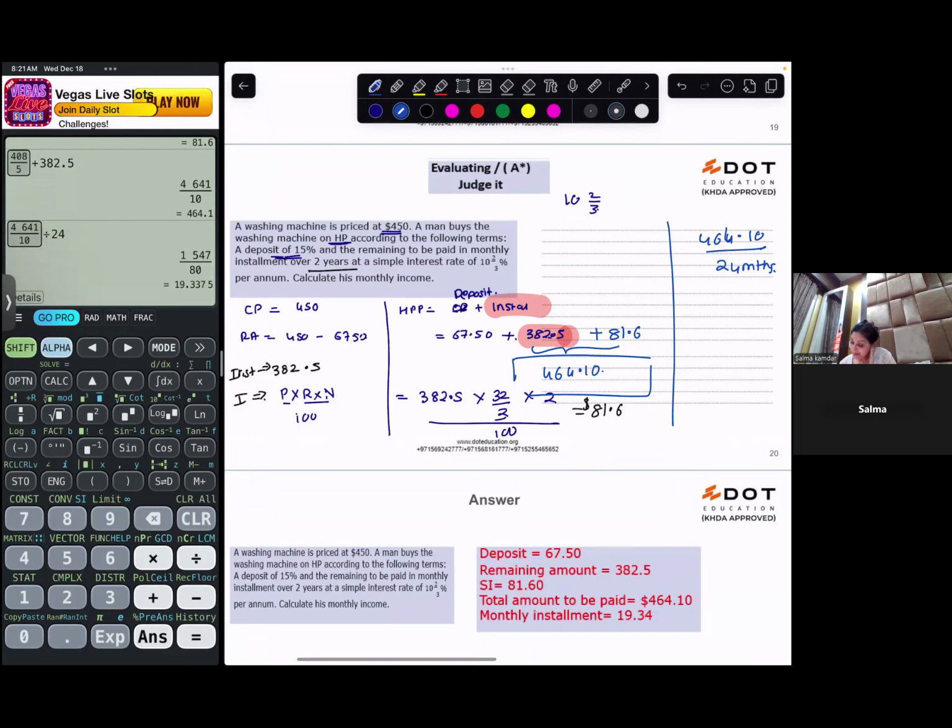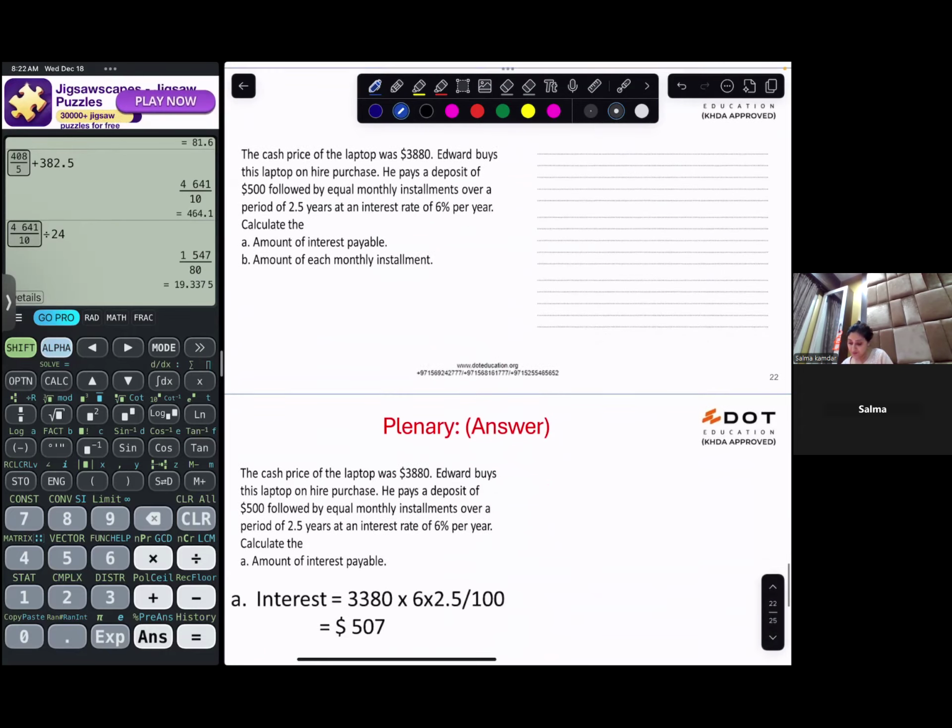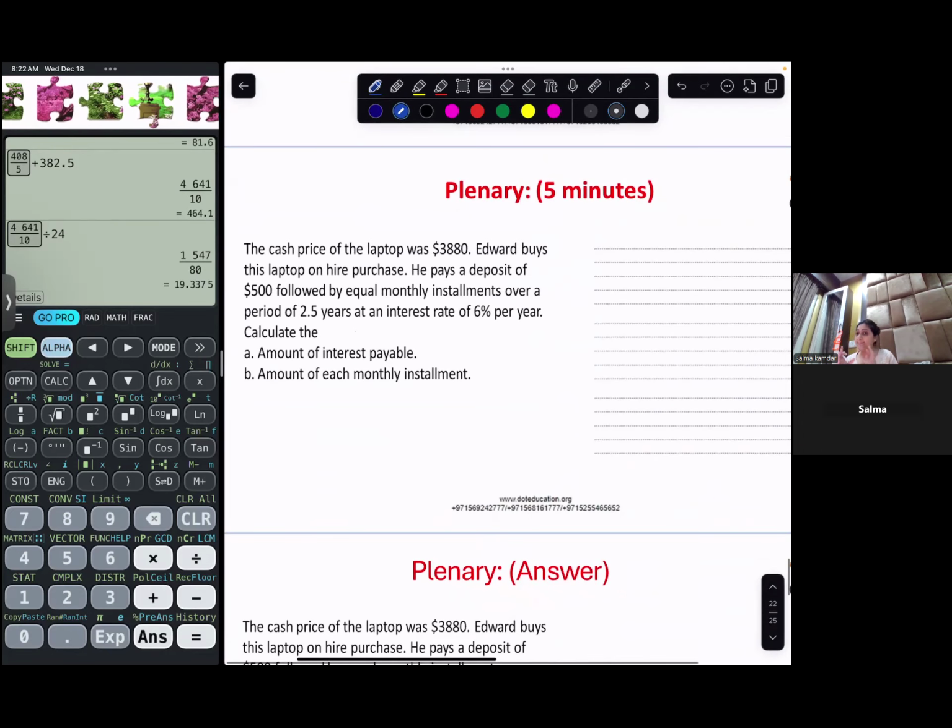So my monthly installment, not income. So my monthly installment would be how much? My monthly installment would be $19.34. Now the last question for today, I would want you to first try, and then come back.